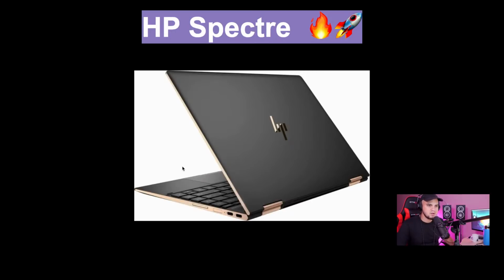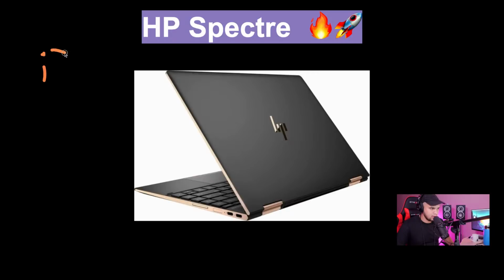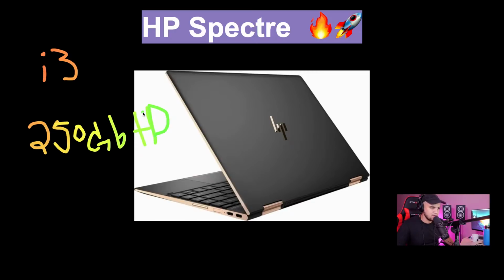And please, in my opinion, if this is your build and you're using Windows, let's say you have an i3 processor, and you have a 250 gigabyte hard drive, not even an SSD.